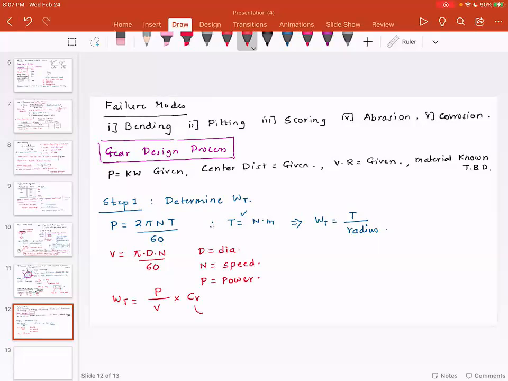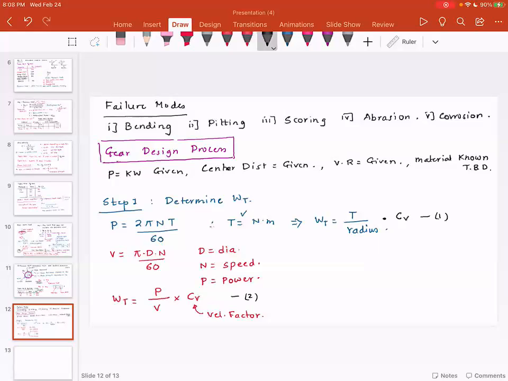So this Cs stands for the service factor. So you will multiply this by Cs, and you can find out Wt design, which is the same as Wt. So you can use either equation 1 or equation 2 and find out the value of Wt.